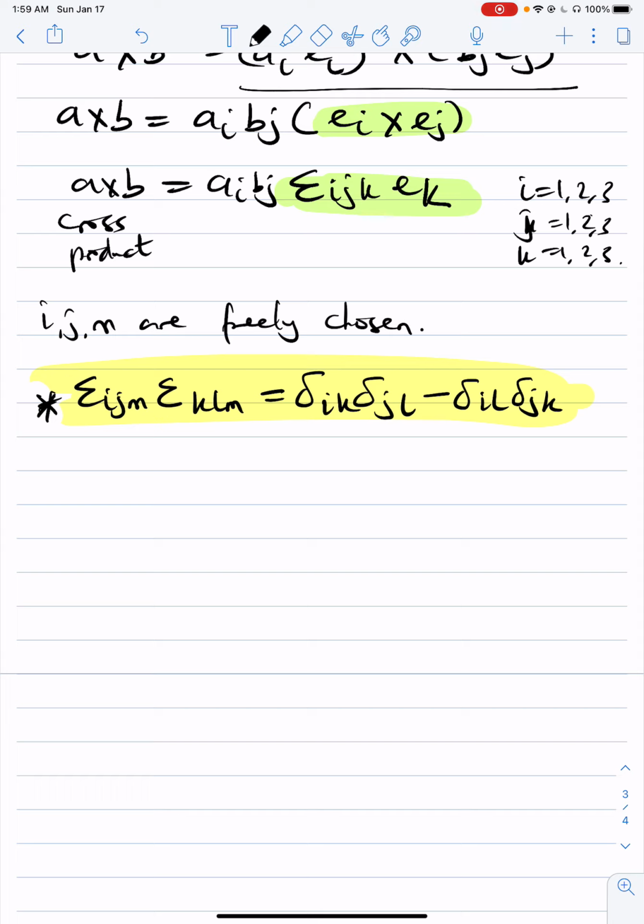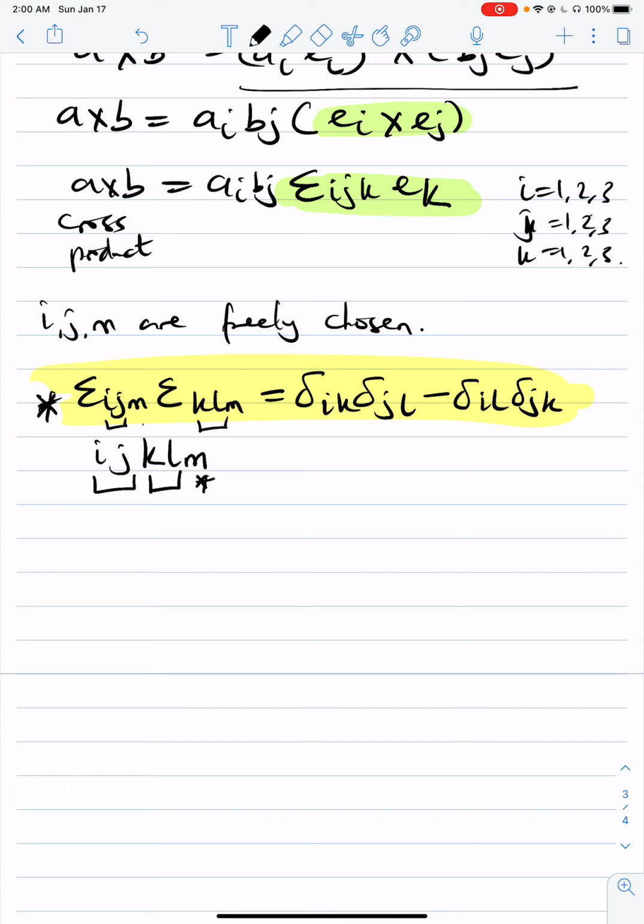So if you look at this very closely, i, j, k, l, m: i and j follow each other closely, then k and l follow each other closely, then m is separate.